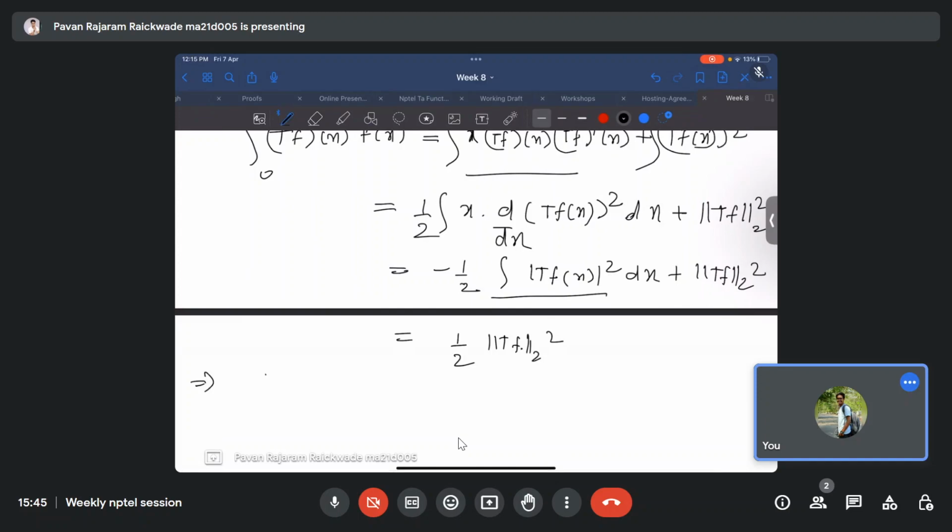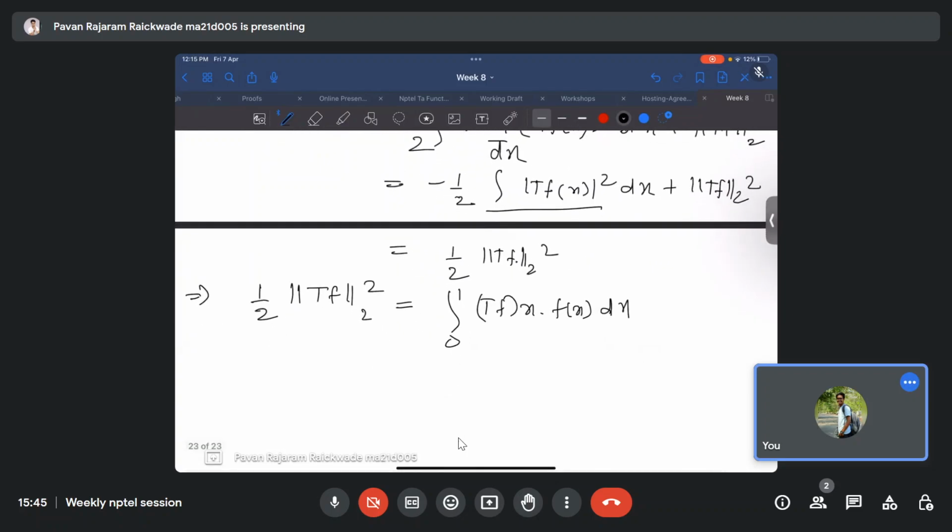So what we got here is half times norm Tf_2 squared equals integral 0 to 1 of Tf(x) f(x) dx, but by the Schwarz inequality, this is less than or equal to norm Tf times norm f. So norm Tf squared is less than or equal to 2 times norm Tf into norm f.